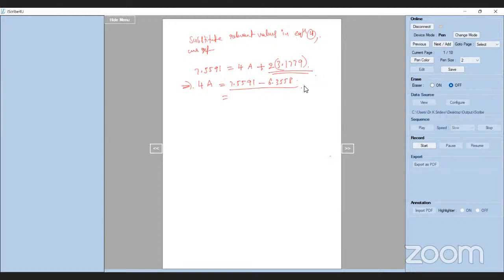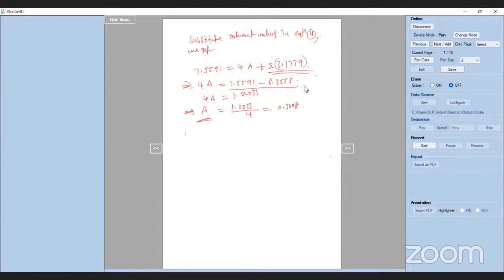It is 1.2033. This is divided by 4. Is it right? 0.3008. So anyway, this is the value.